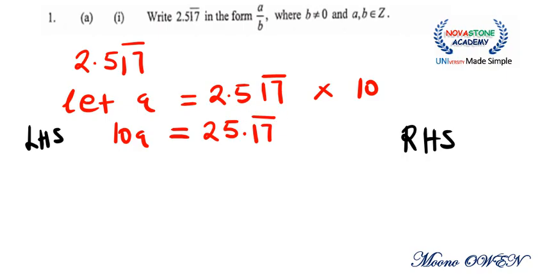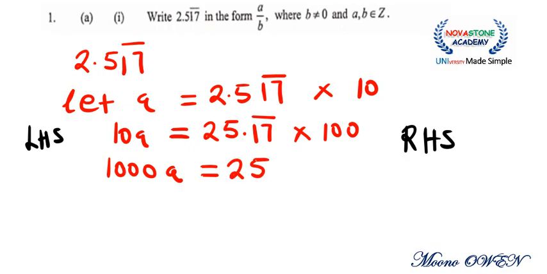So I multiply by 100 on both sides. On my left hand side, I'm going to have 1000a. On my right hand side, the point moves 2 times, so I have 2517.17 repeating. I'm going to name this one equation number 1 and this one equation number 2.